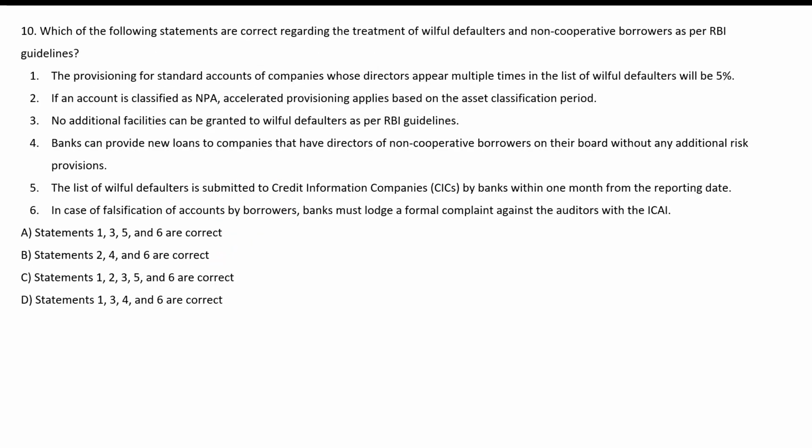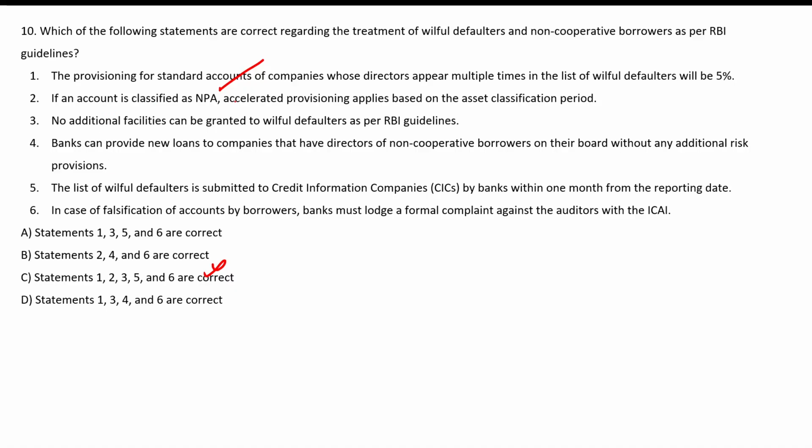Which of the following statements are correct regarding the treatment of willful defaulters and non cooperative borrowers? So the provisioning for standard assets of companies whose directors appear multiple times in the list of willful defaulters will be 5%. Even if it is standard, yes, the provision is 5%. So this is correct. So 2 gets eliminated.